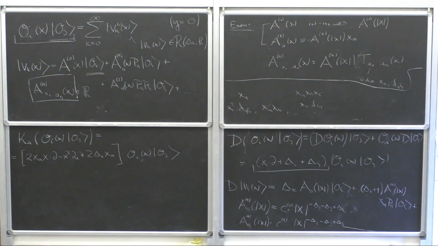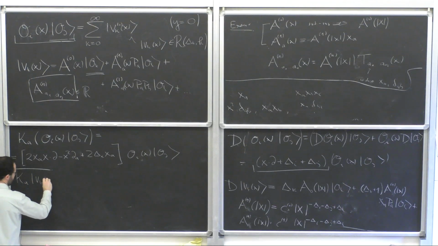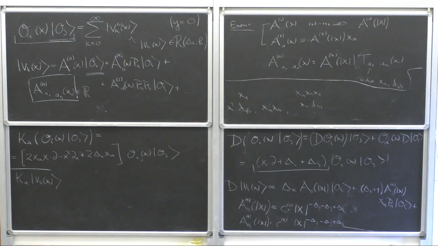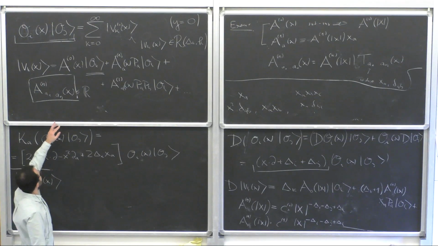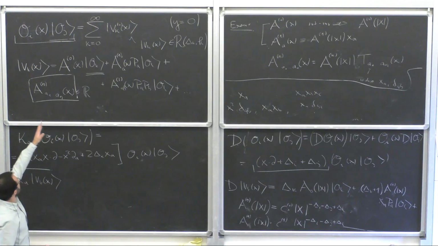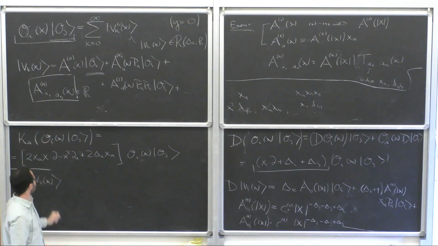Okay. And now let's act with Ka on the right-hand side, so let's act on Vk of x. It annihilates the first term because the first term is just a number times a primary.